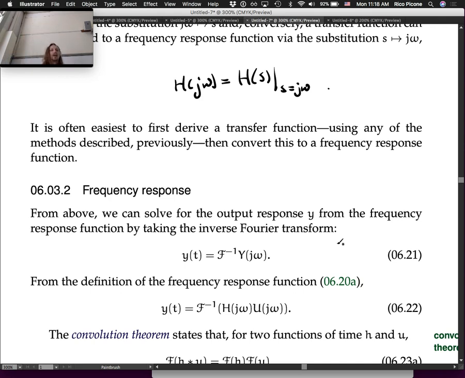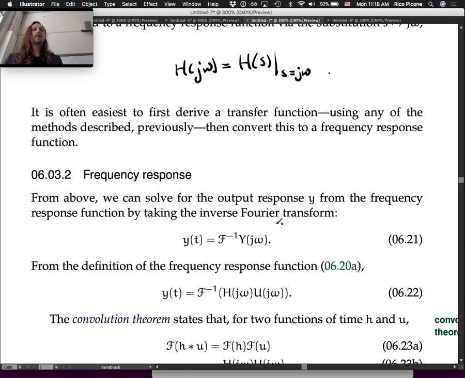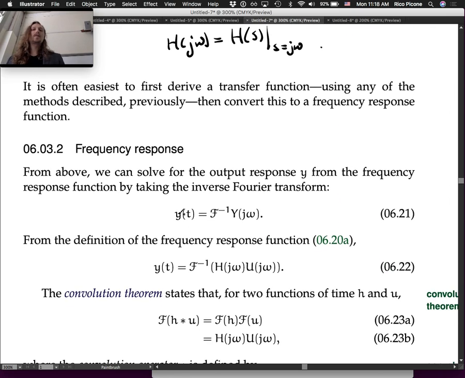So from above, we can solve for the output response, y, from the frequency response function by taking the inverse Fourier transform, right? So y of t is equal to, by definition, the inverse Fourier transform of Y, which is by definition the Fourier transform of y. So the inverse Fourier transform of the Fourier transform of y is y, okay? Why? Just because. Why not?